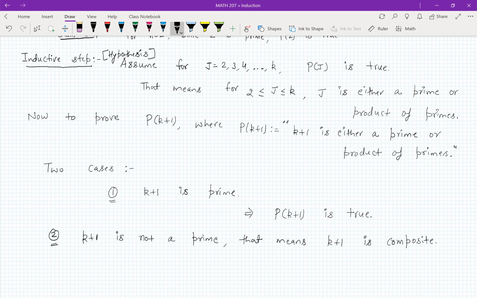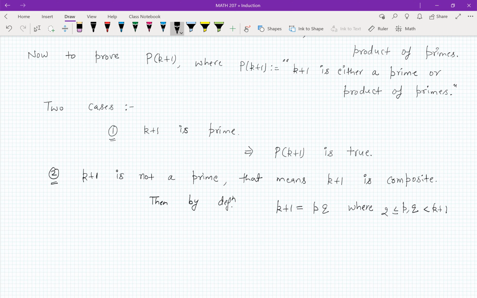The second case is when k plus 1 is not a prime. That means k plus 1 is a composite number. Then by the definition of a composite number, k plus 1 can be written as the product of p and q, where p and q are positive integers between 2 and k plus 1, or we can also say p and q are positive integers from 2 all the way up to k.